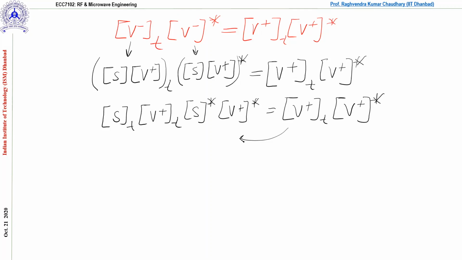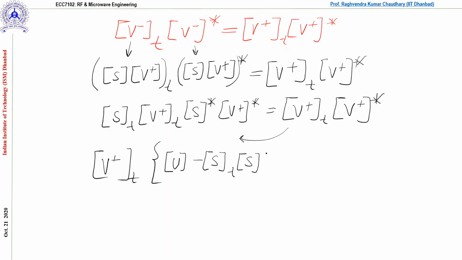Now if you are arranging this equation, we can write V plus transpose to take common these things, and in curly bracket can be written like this: U minus S transpose S star, and V plus star.